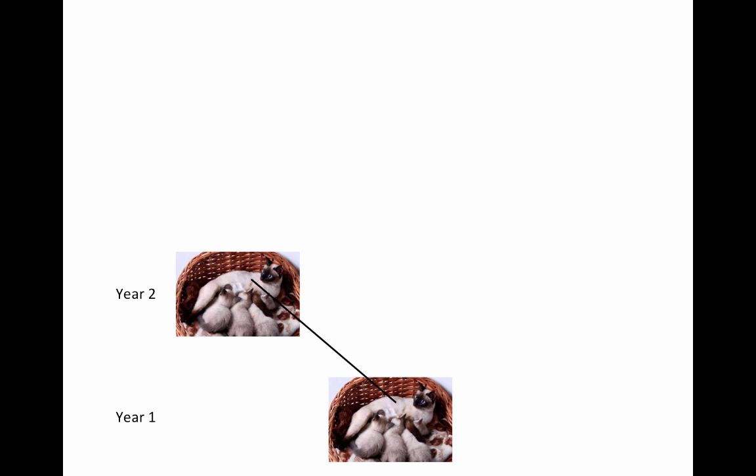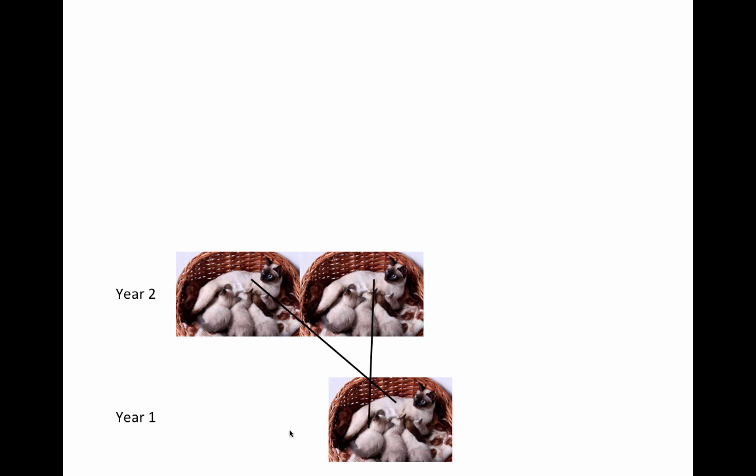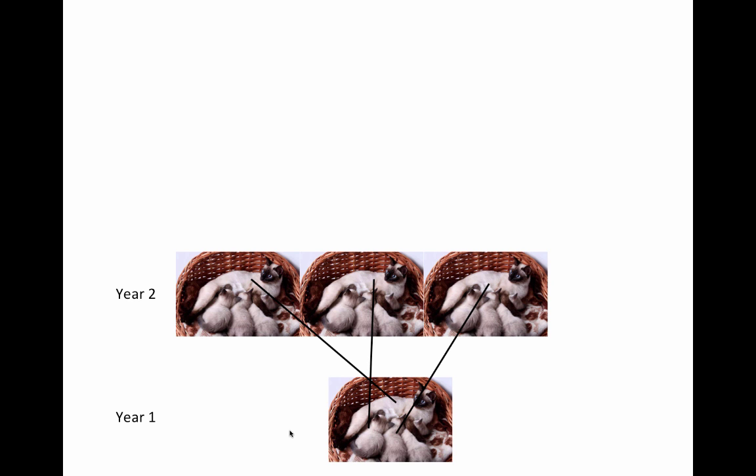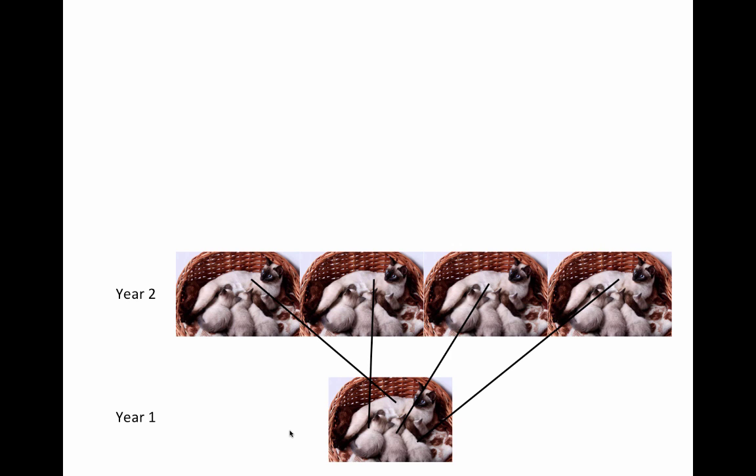If we think about this cute little litter of cats, if this mother has a litter of 3 kittens in the first year, which is actually on the small side, but we'll go with the conservative estimate, in year 2 the mother is going to breed again. She's still reproductively active. She can have another litter of 3 kittens. And each of her kittens are now reproductively capable, so this little kitten will produce another litter of 3 kittens, and that one in the second year will produce another litter of 3 kittens, and that one as well.